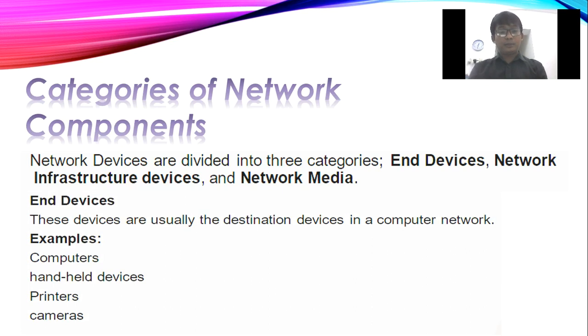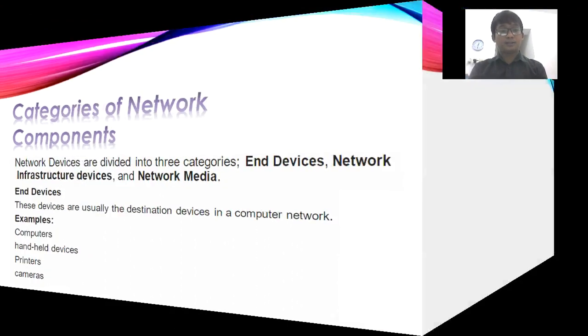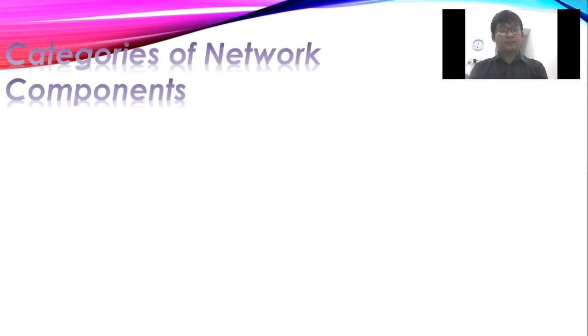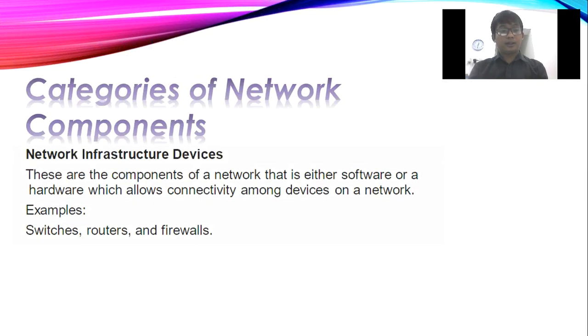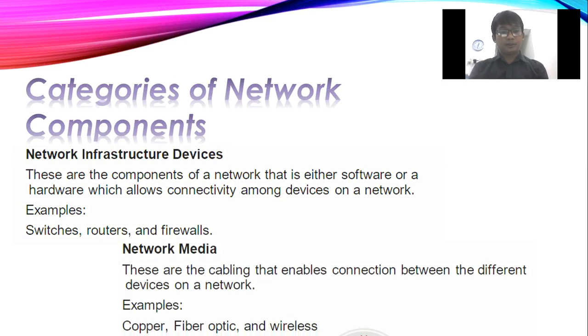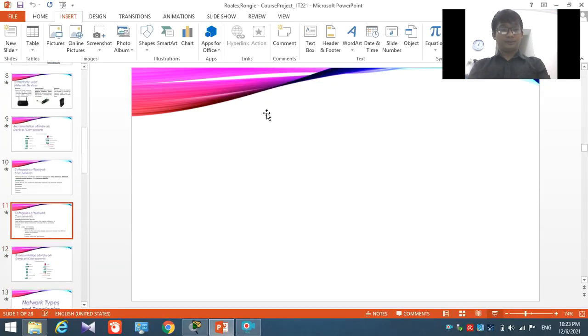These are examples of end devices: computers, handheld devices, printers, cameras. For intermediary devices, we have switches, routers, and firewalls. For network media, or the cabling that enables connection between different devices, we have copper, fiber optic, and wireless.